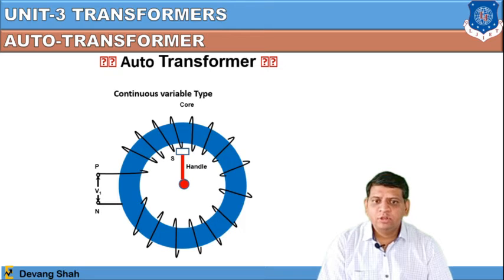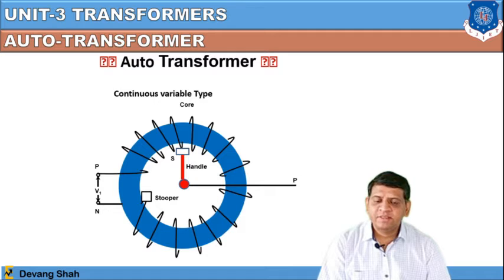Once you move this wiper, automatically the number of turns of either primary or secondary continuously changes. So if the number of turns of the winding continuously changes, within one wire you can now separate out a primary winding and a secondary winding within one assembly.